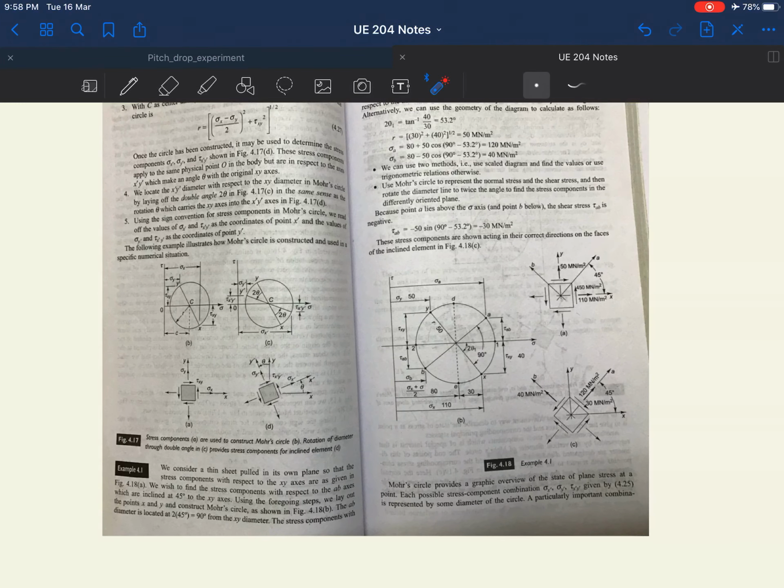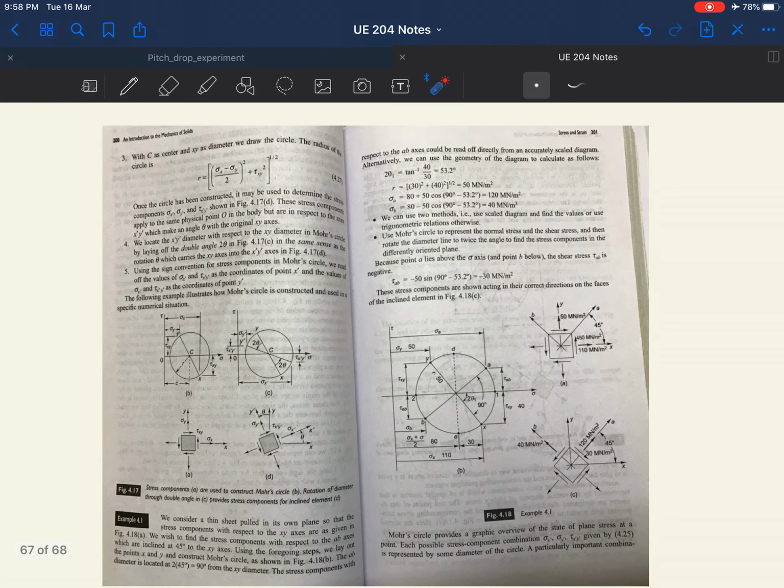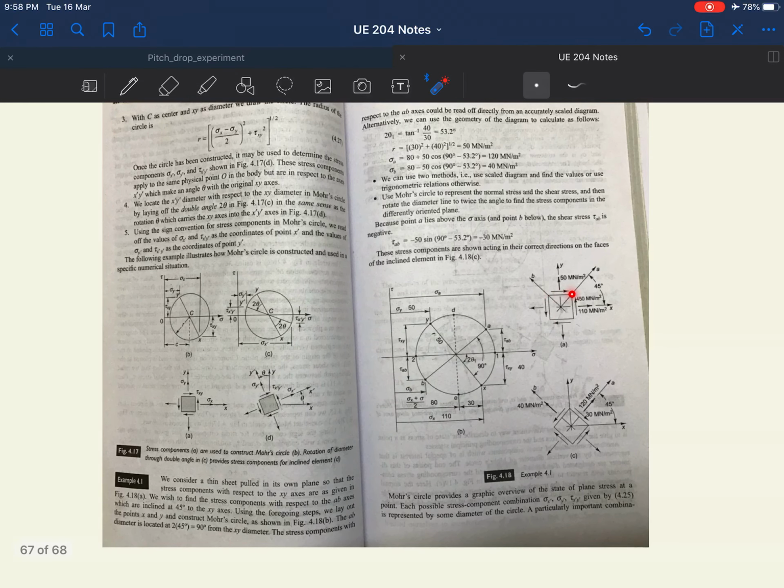I have taken one example from the book, by the way, on page 201 in my case.